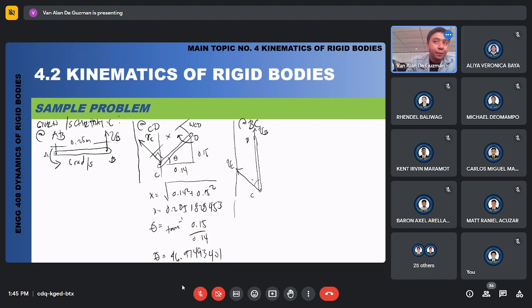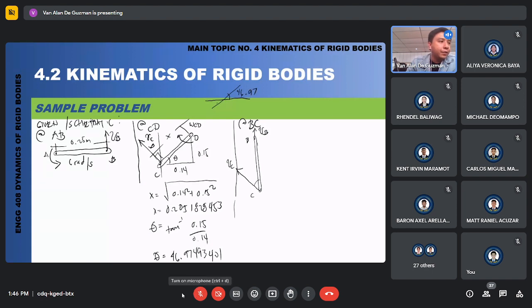What is the angle of this? Let's say angle beta. How do we account for angle beta? Let's draw it here at the top. If this is our CD, this is our horizontal, what is its angle? We are at 46.97.